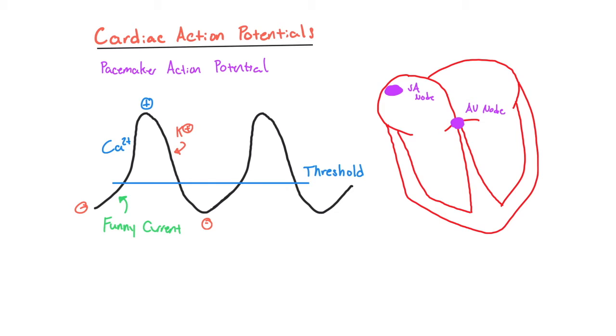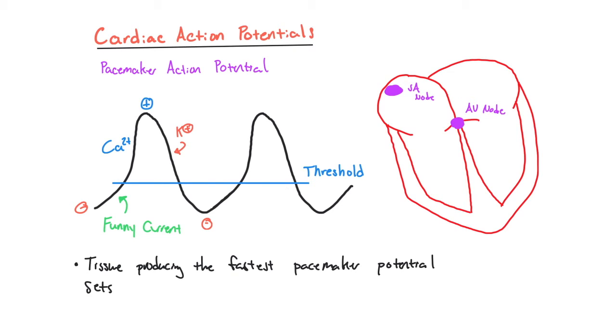So in the heart, whatever tissue is producing the fastest action potential, we will write this out here, tissue producing the fastest pacemaker potential sets the heart rate.